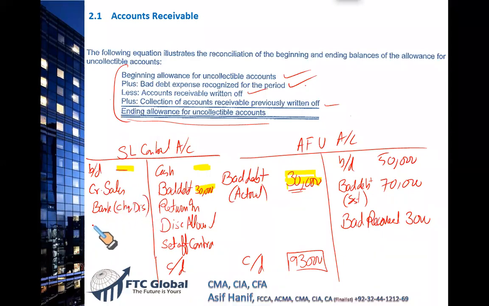Then sometimes where customers delay making payments, we penalize them by charging interest on overdue accounts. That interest also comes here. Please note down this format. It will help you somewhere in the future. And sometimes a customer might have paid us more, so we refund some amount to him. So refunds come on this side.